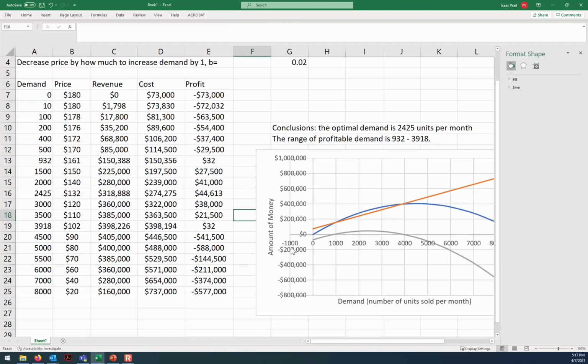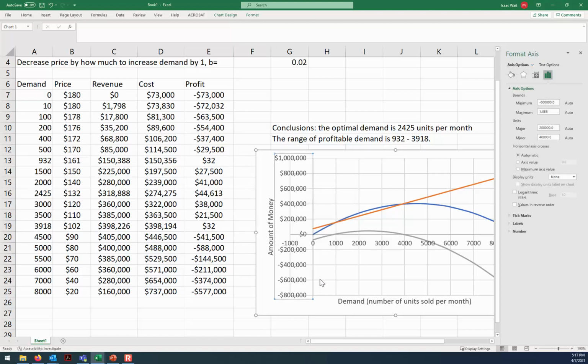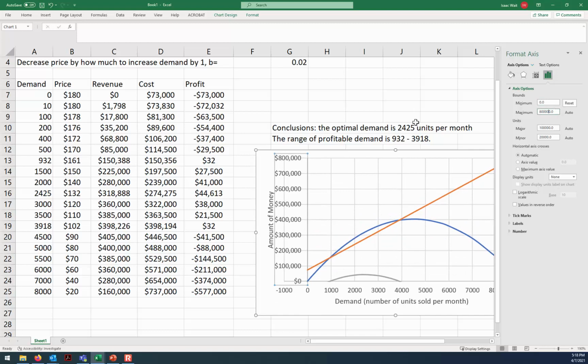All right. And now I'm right-clicking on the vertical axis, and I'm going to format that axis because I don't want it to go down into the negative range. I just want it to show only starting at 0. And that looks a lot better now, going from 0. So basically, you only see here's the profit, here's the revenue curve, and the cost curve.